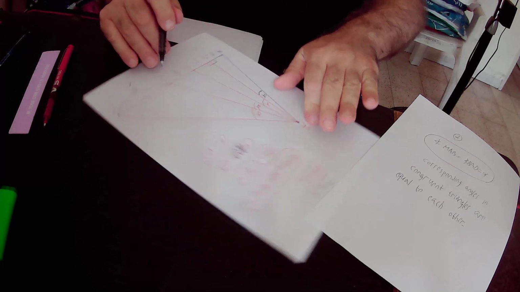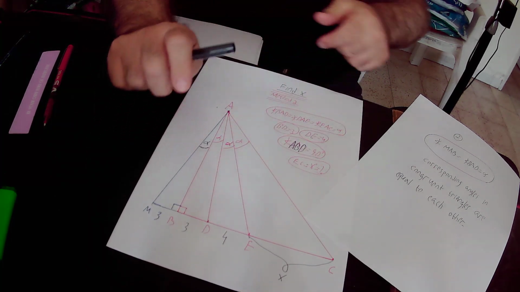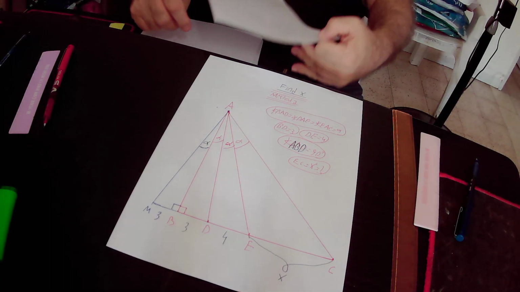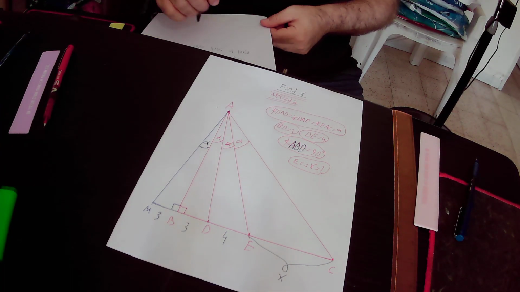And from the fact that those two right triangles can go into each other, we can also conclude that AM equals AD.